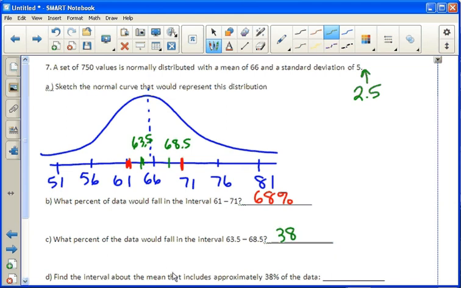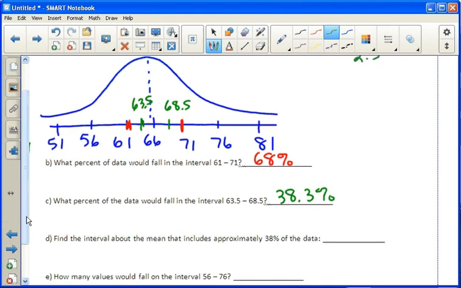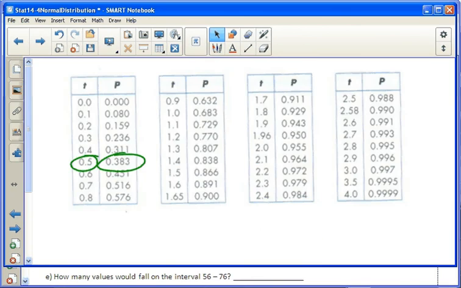D says find the interval about the mean that includes approximately 38% of the data. So we're kind of going backwards from what we did in part C. If I go to my table and look for 38%, ironically, I doubt this will happen on your test, it was the same thing we already used. This was closest to 38%, so that's exactly half of a standard deviation.